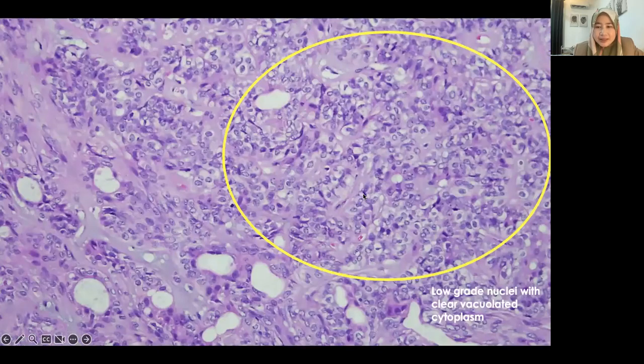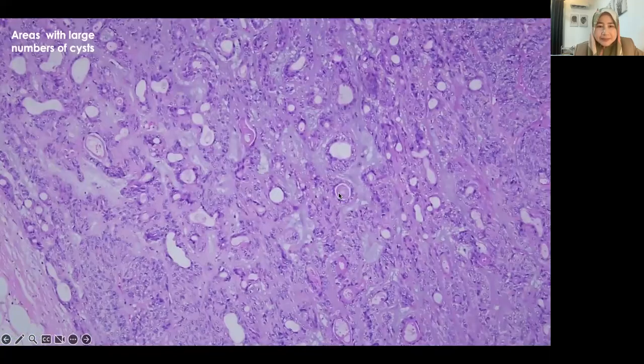Looking at the nuclear features, we found low-grade nuclei with clear vacuolated cytoplasm. In some areas, it shows a large number of cysts surrounded by myxoid to hyalinized stroma.